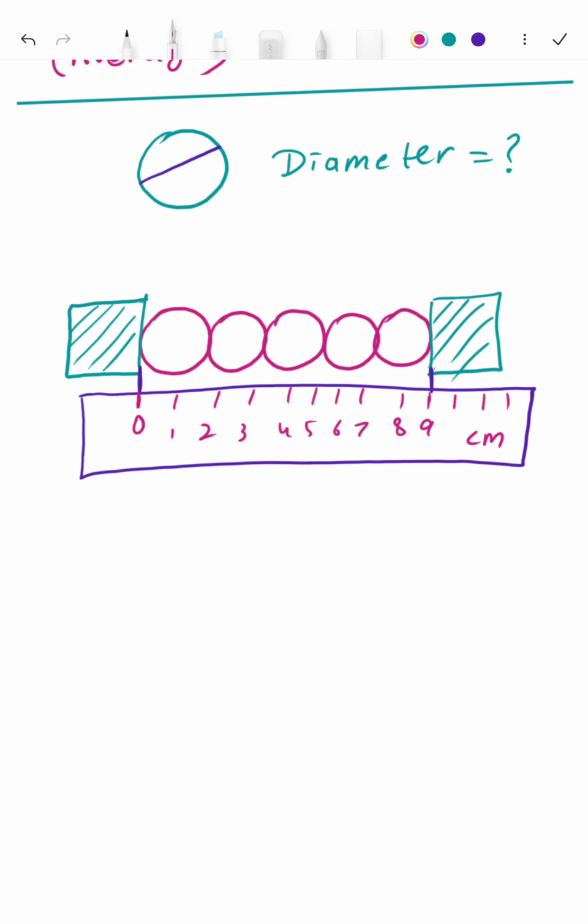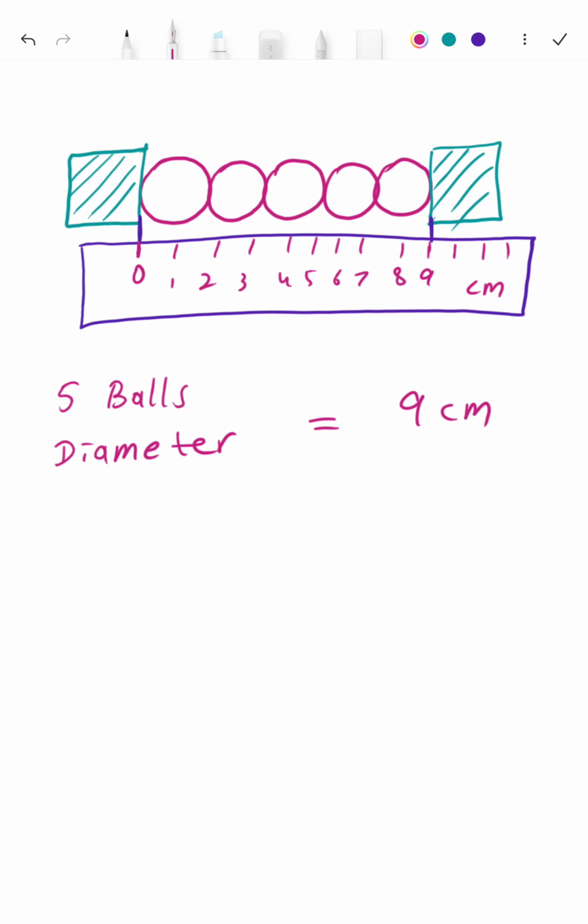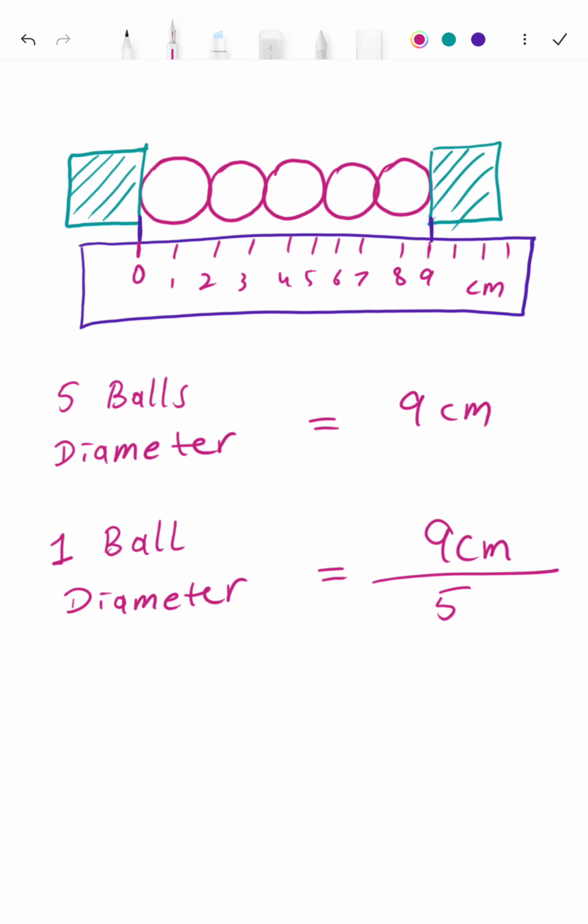So let's suppose the five balls have a diameter equivalent to 9 centimeters. To know the diameter of one ball, one ball has a diameter equivalent to 9 centimeters divided by 5.